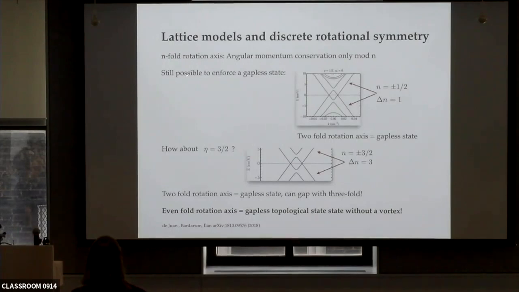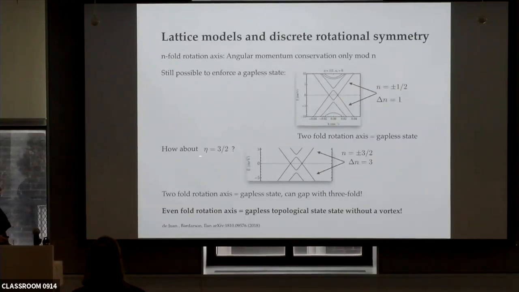And it turns out that it's still possible to enforce a completely gapless state even in the presence of an n-fold rotation axis. One simple example is this situation in which you have a mismatch of 1 unit of angular momentum. Basically, if you have a 2-fold rotation axis in your system, your state will still be gapless, but these are not identical.